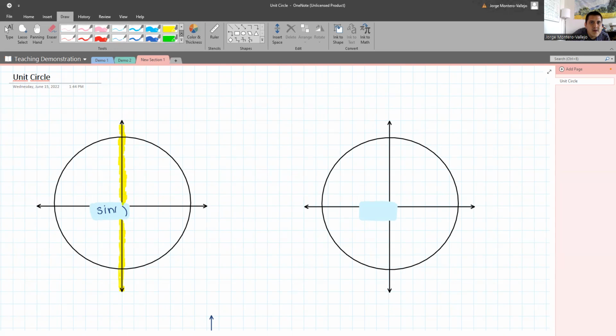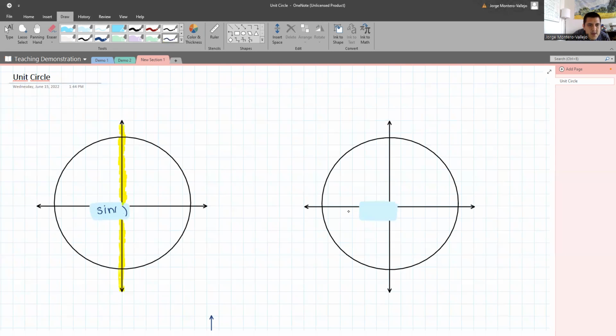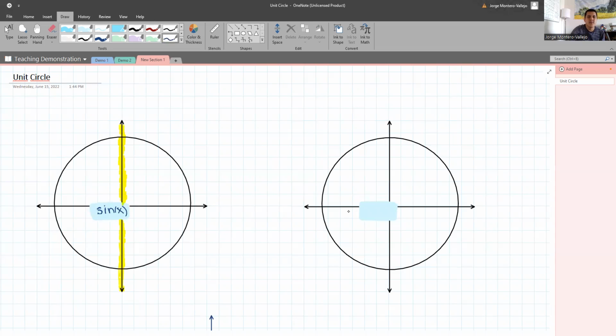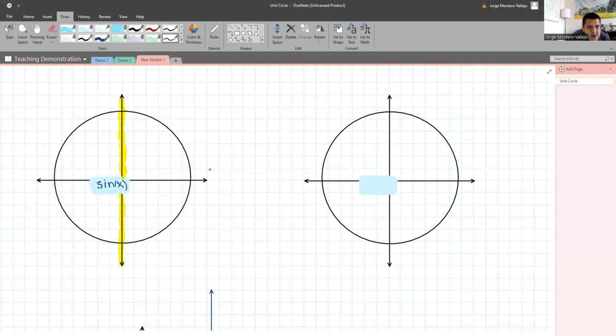Okay, where is the one that I was using? Let's just change the color of this to dark blue. Sine of x. I don't know why, oh man, I don't know why my OneNote is deciding to act weird now.